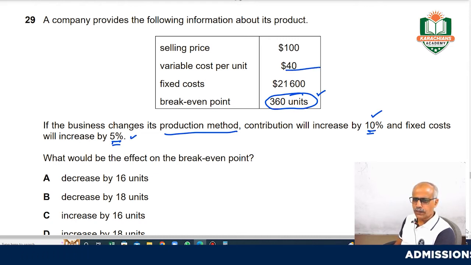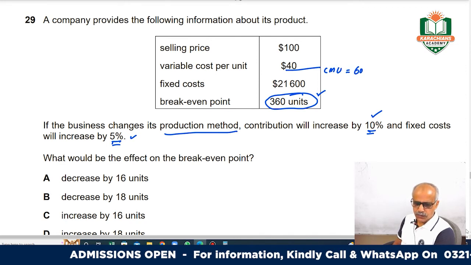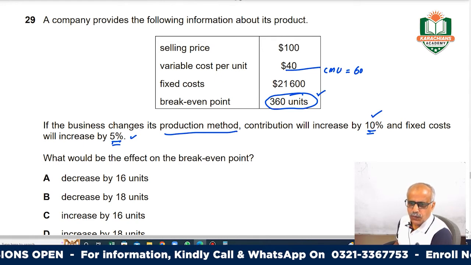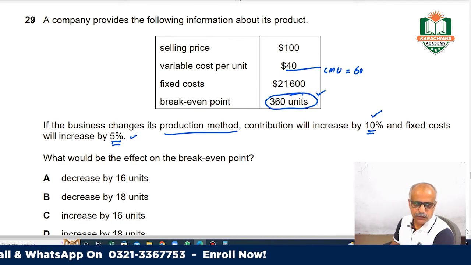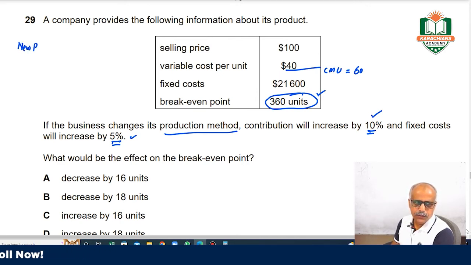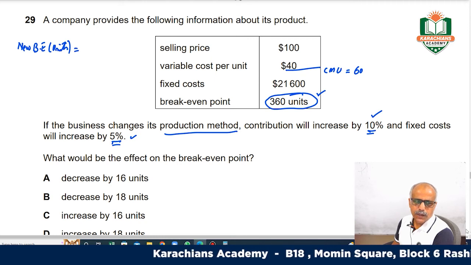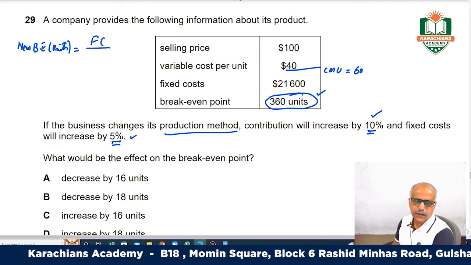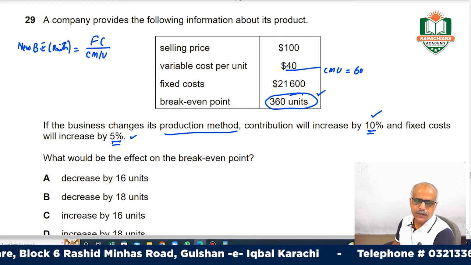Contribution margin per unit is 60, and this will increase by 10%. New break even in units: the formula is fixed cost divided by contribution margin per unit.